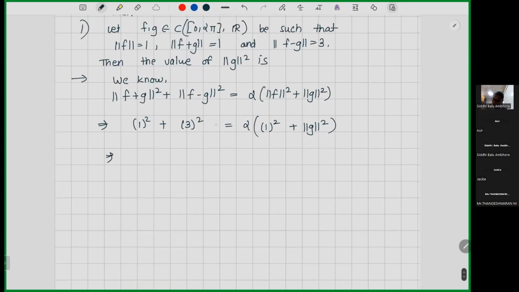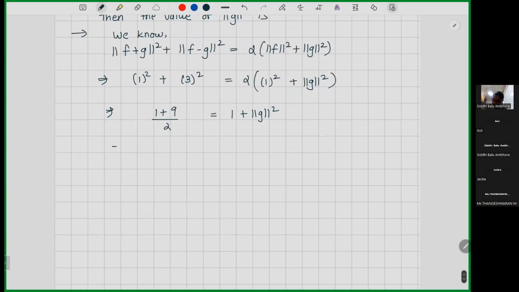So 1 plus 9 by 2 is equal to 1 plus norm g squared, which is 5 minus 1 is equal to norm g squared. So 4 is equal to norm g squared, and this will imply that the norm of g is 2. Any doubts here?